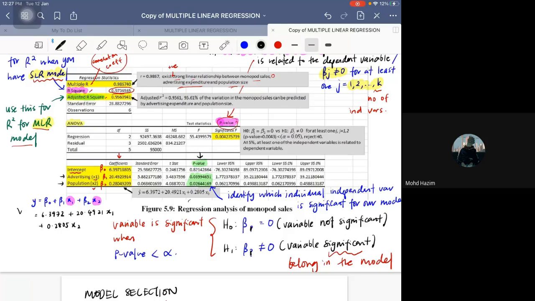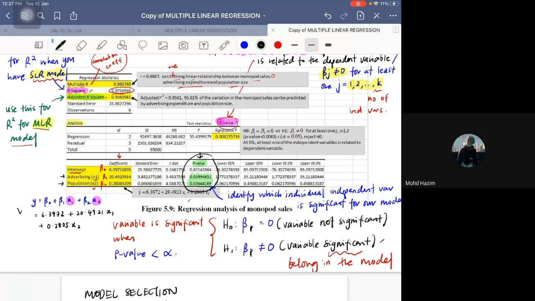So under the null, there is no relationship between the independent and dependent variable. But under the alternative, beta 1 is not equal to 0, the variable is significant, meaning that the variable is useful for the model. If it is H null, then it is not significant and not useful to the model. So if the question asks which variable is significant, this is where you look at the p-value.